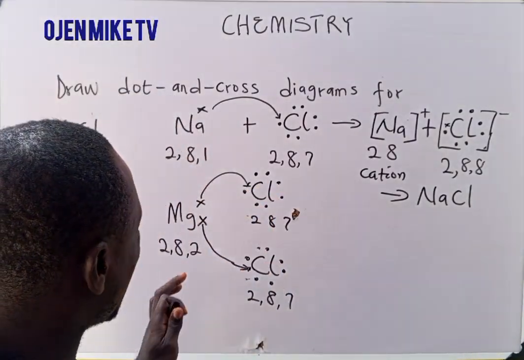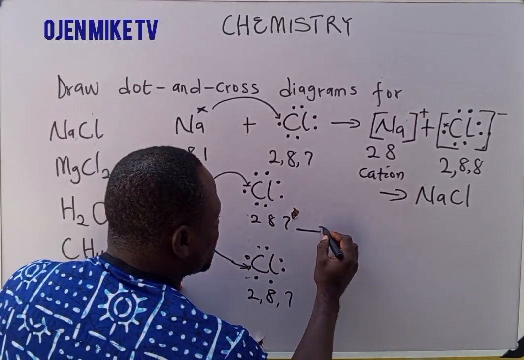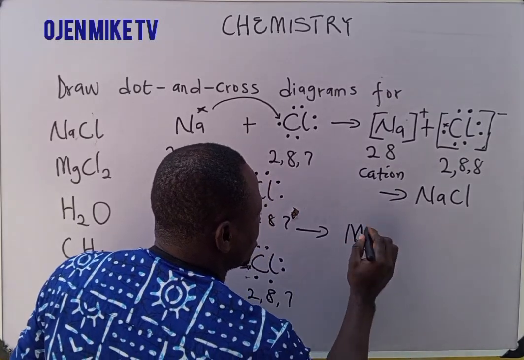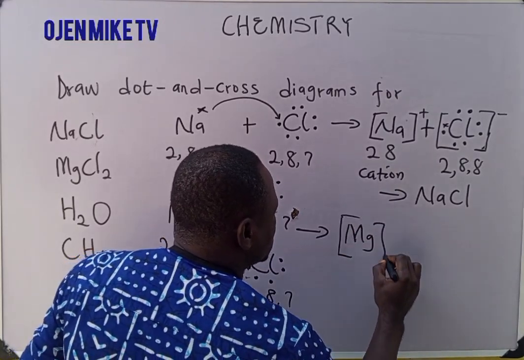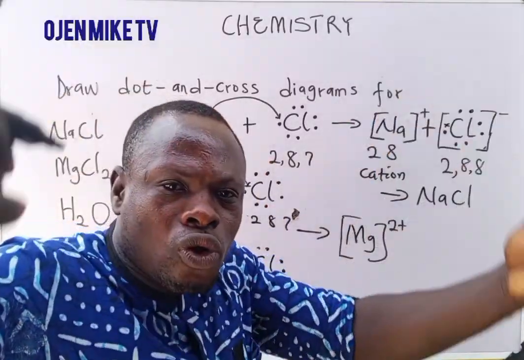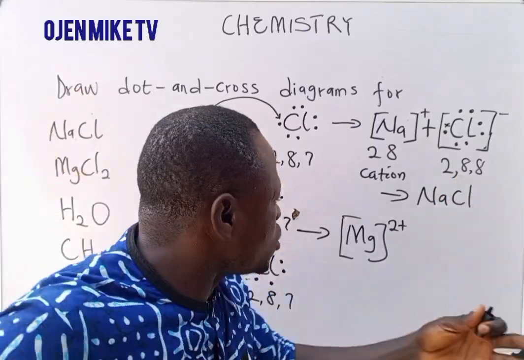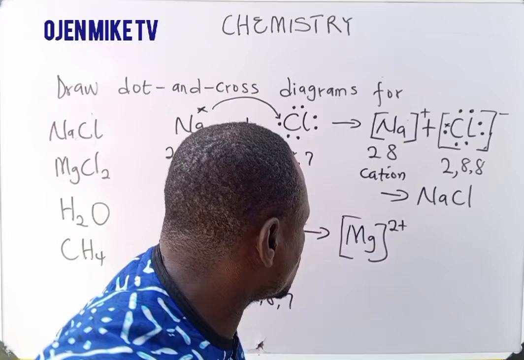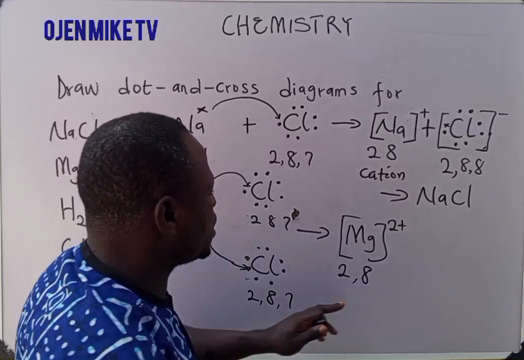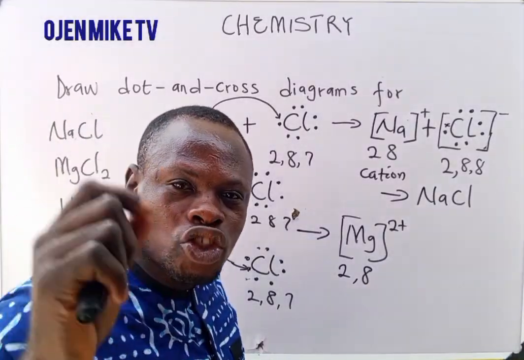Now, at the end, magnesium that gave out will have something like this: Mg 2 plus, because magnesium loses 2 electrons, to become 2, 8. This is the electronic configuration of the magnesium ion.